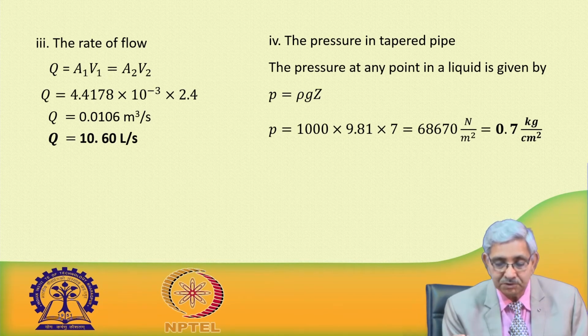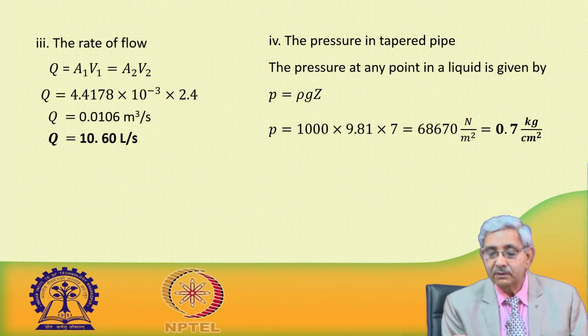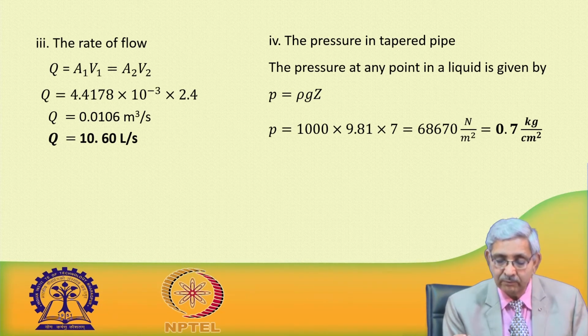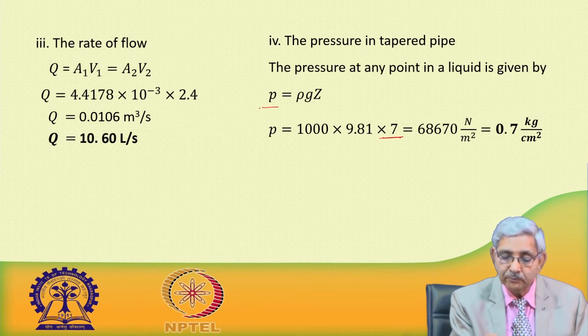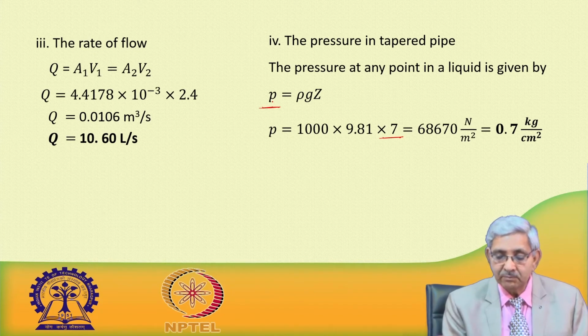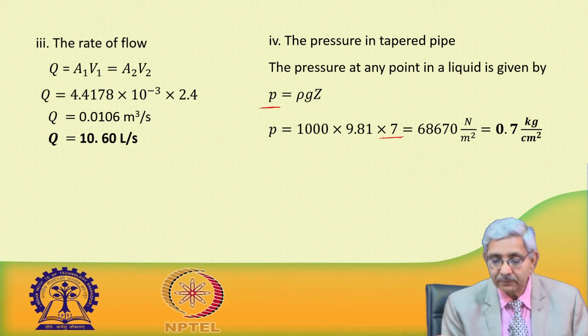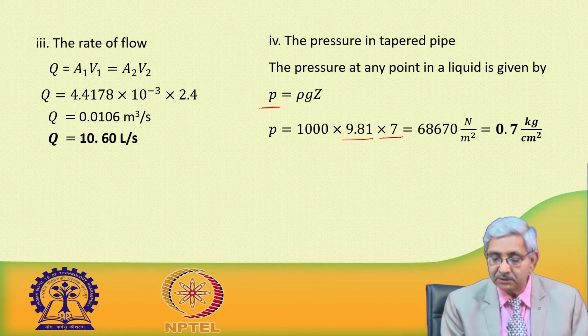Now, the fourth part of the question asked, what is the pressure in the tapered pipe, that is the 50 millimeter pipeline. The water level in the piezometer is 7 meter, so we can write 7 meter, and the pressure equals rho, the density of liquid or water, which is 1000 kilogram per cubic meter, times g, the acceleration due to gravity, that is 9.81 meter per second square.